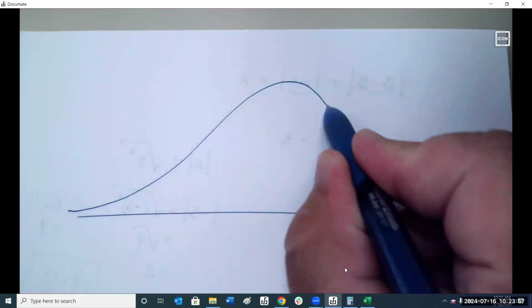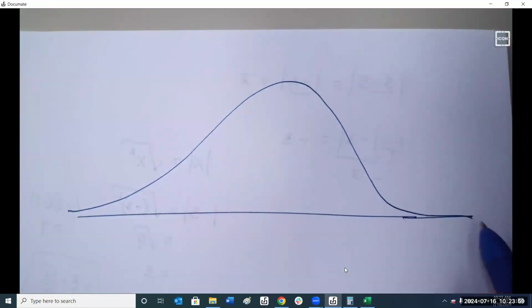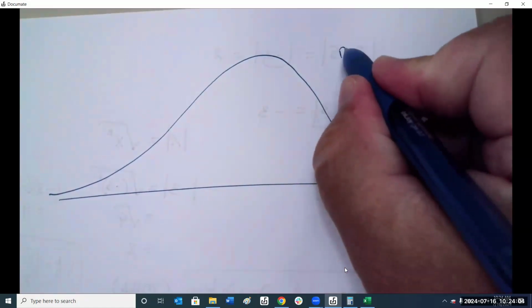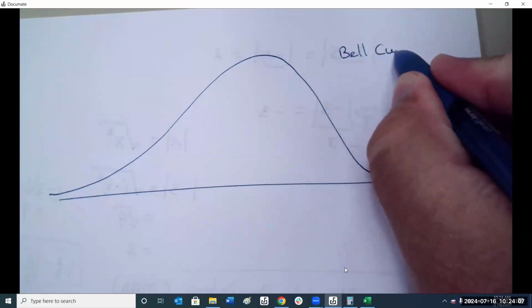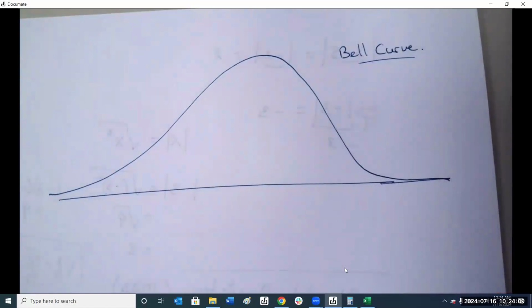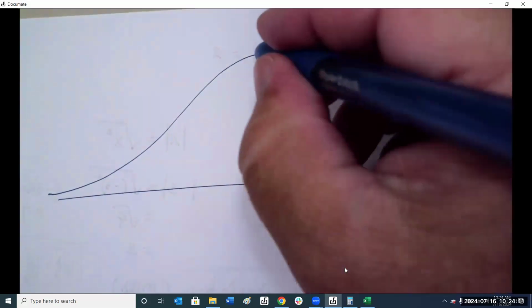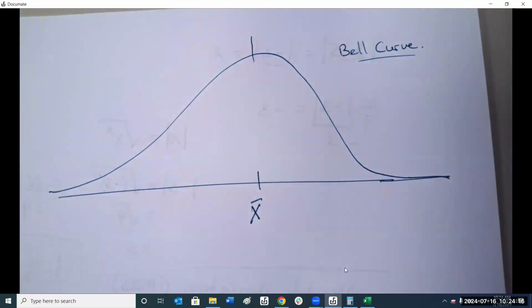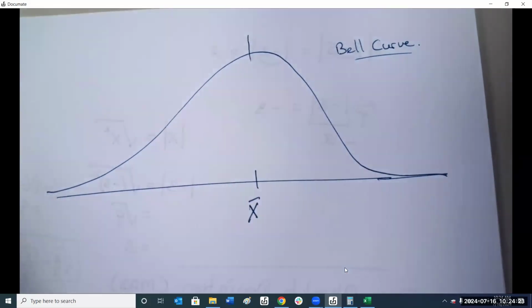Let's start putting everything together. A while back, I showed you this. What is that called? This is called a bell curve. And the middle number, the highest point here, is your average, is the mean, which means that 50% of your data is over here, 50% of your data is over here.